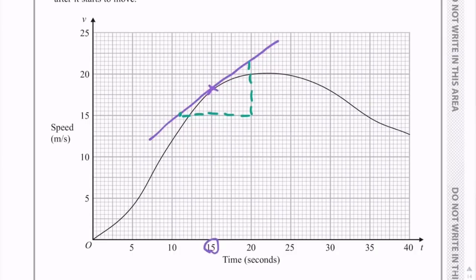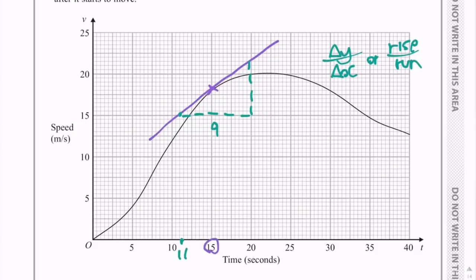There we go. So to work out the gradient, we do our change in y over change in x, or you might have known rise over run. And we're going to work out the gradient from here. So the run there, I've gone from 11, just make sure you read that nice and carefully down here, that is 11, up to 20, so that's a run of 9.